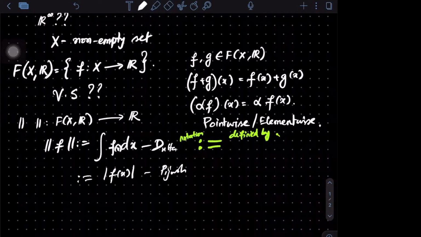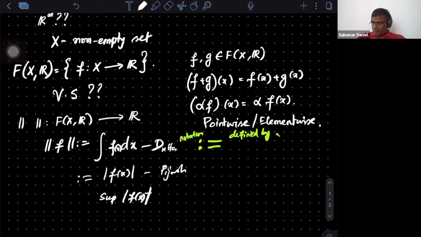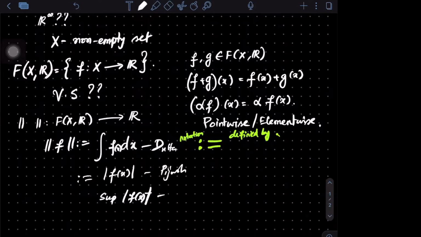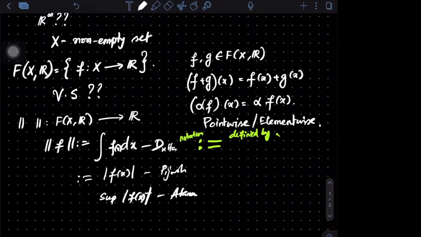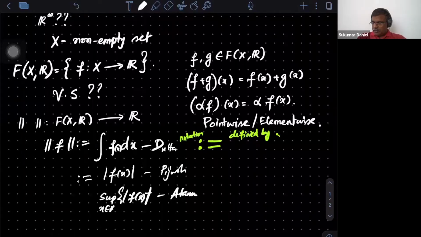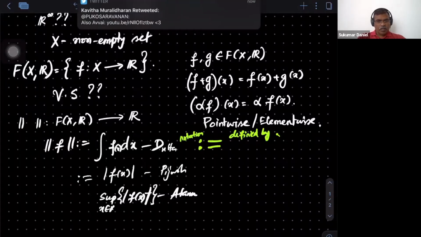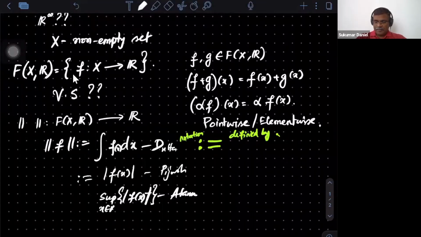Maybe we can have the supremum of mod of f of x, with x varying over capital X. But it may be infinity. This is Atanu. Yes, supremum over all x. Okay, you are saying a little more also. Anything more? Any other suggestions?